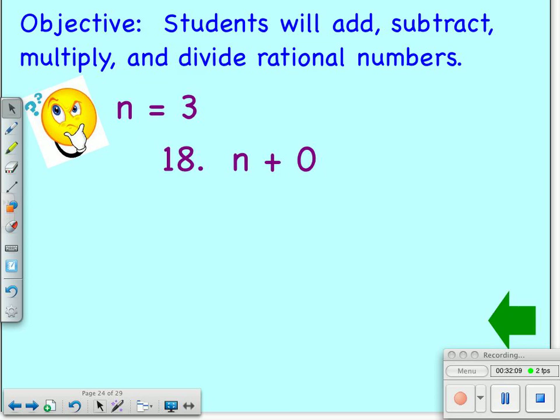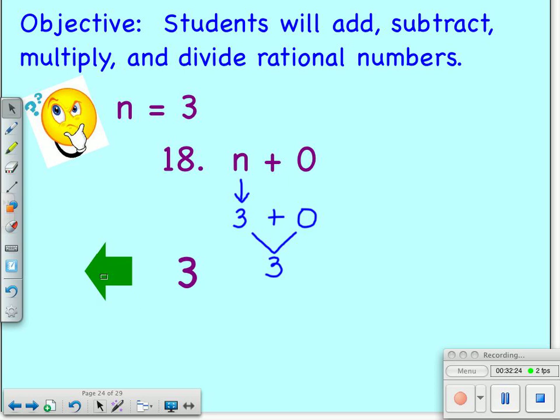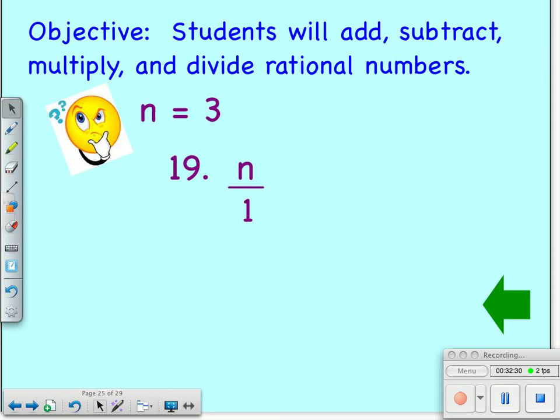Number 18. N is still 3, so we're still substituting n for 3. And this time we're adding 0. 3 plus 0 is 3. Number 19. N equals 3. 3 is being divided by 1.